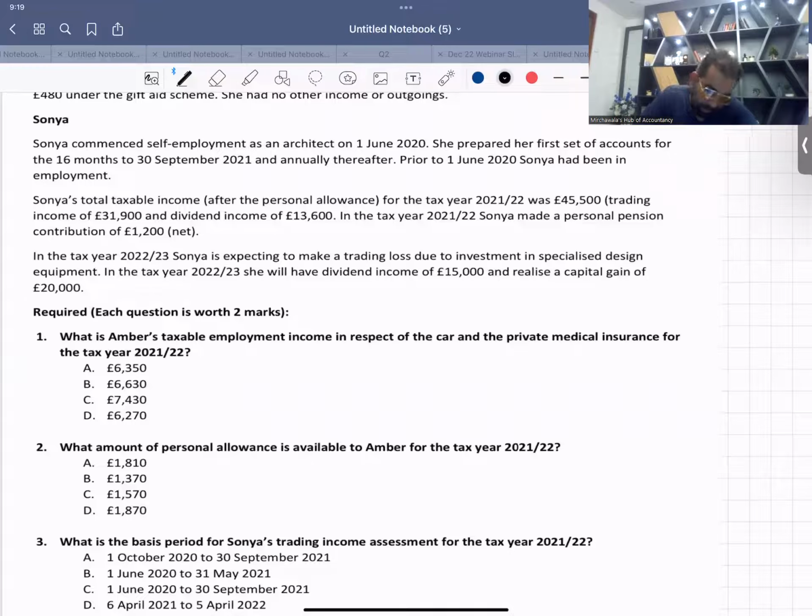In the tax year 22-23, Sonia is expecting to make a trading loss due to investment in specialized design equipment. Okay, so there will be a trading loss. There will be a trading loss in 22-23.